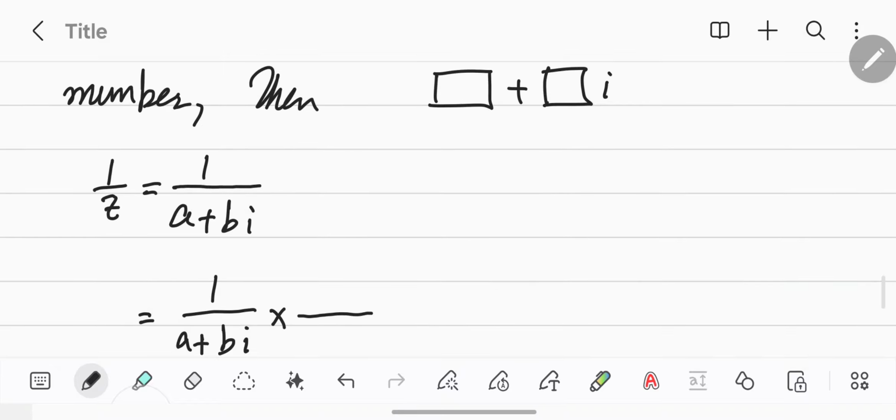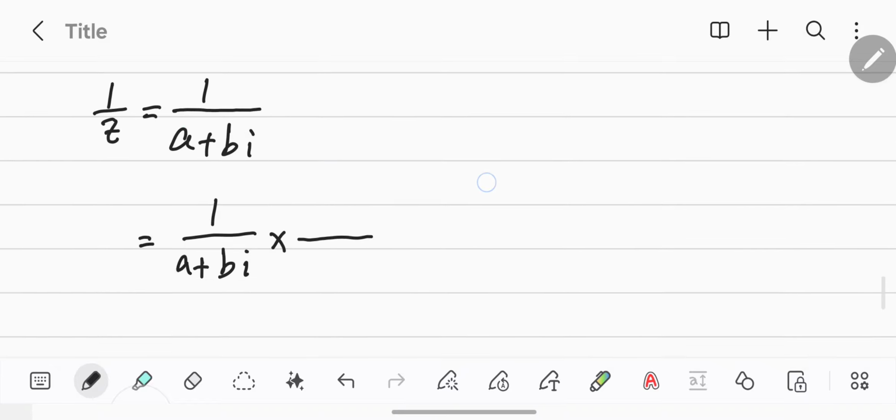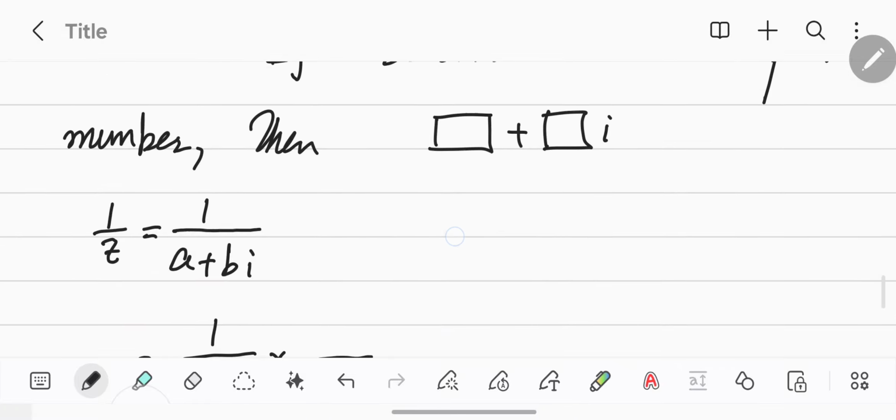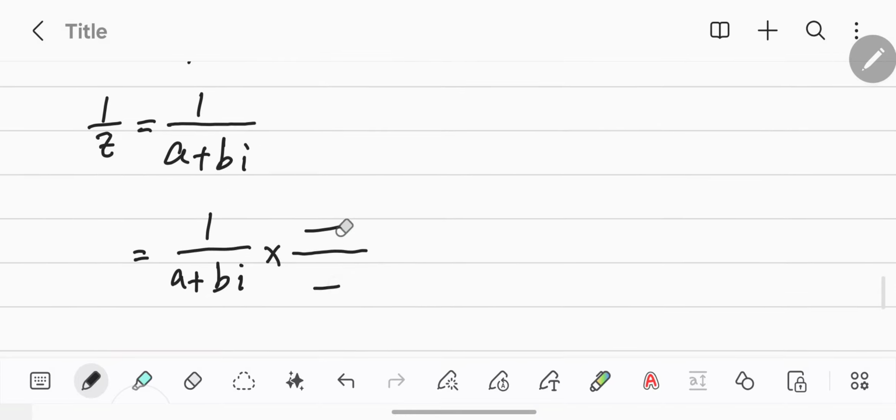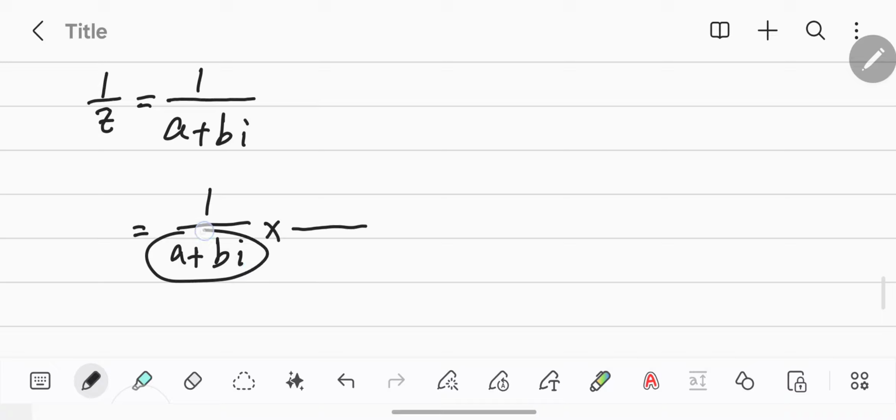So whenever you write something over a complex number, in order to write it in the standard form of a complex number, you will multiply and divide by the conjugate of the denominator. What's the conjugate of the denominator? It is a minus b iota. So I will multiply and divide by a minus b iota.